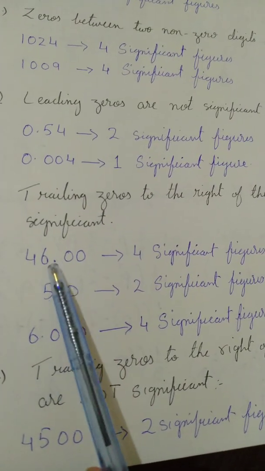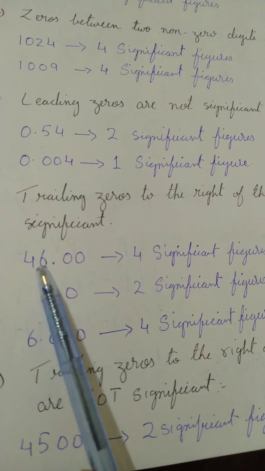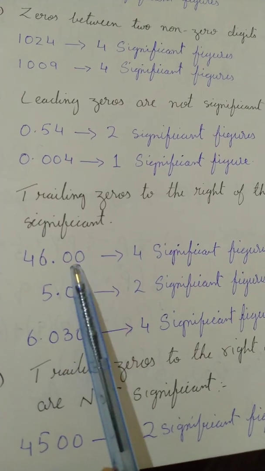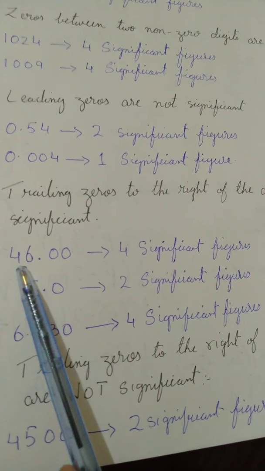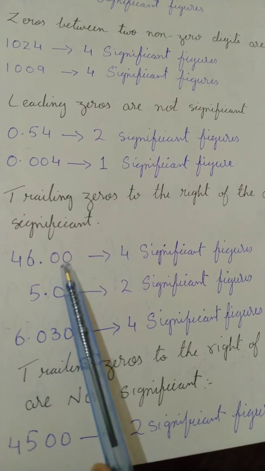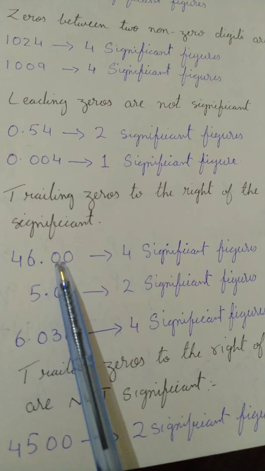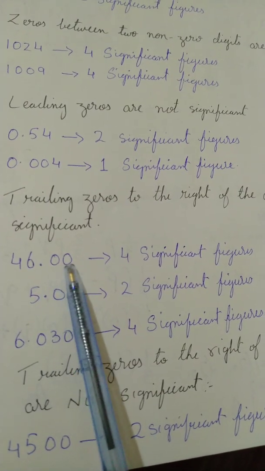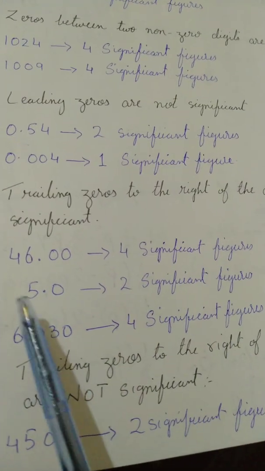As you can see, in 46.00 these zeros are coming after the non-zero numbers, so these two will be considered significant. 46 are two non-zero numbers, which are significant, and these two zeros are trailing and after the decimal point, so they will also be considered significant. So 1, 2, 3, 4, we have 4 significant figures.